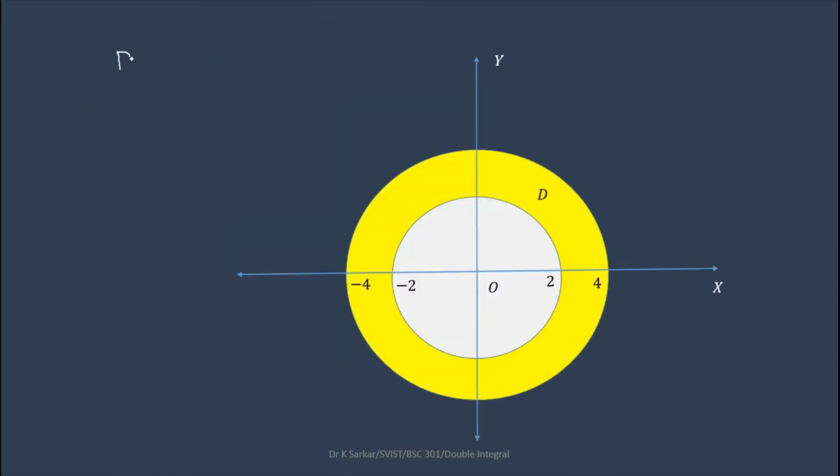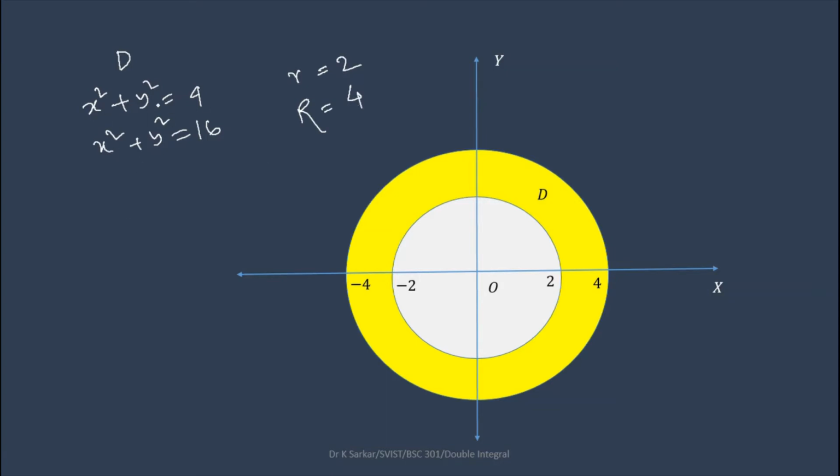D is the area between the two circles x square plus y square equals 4 and x square plus y square equals 16. So here the radius is 2 and in this case the radius is 4.